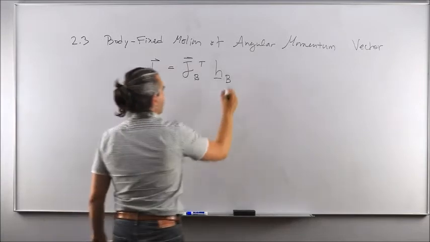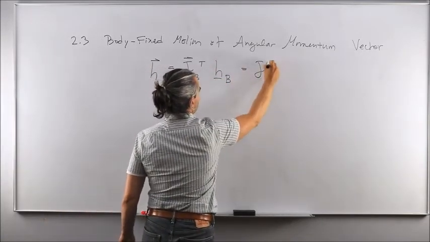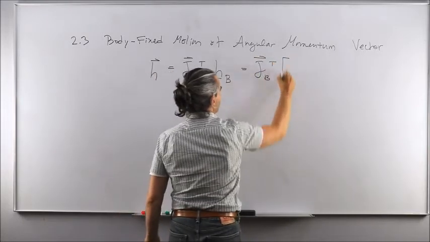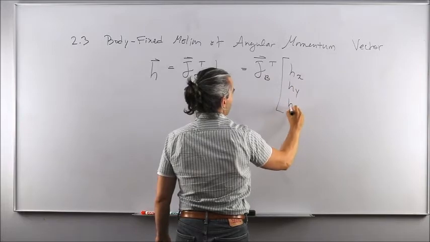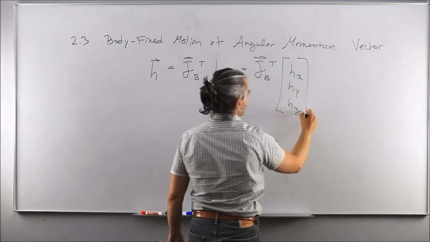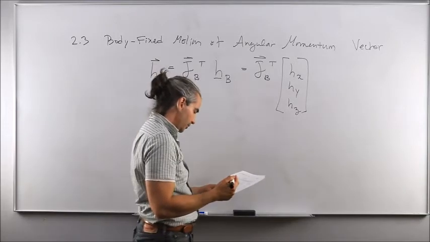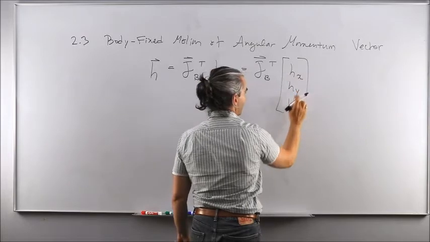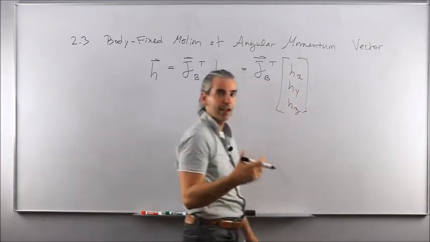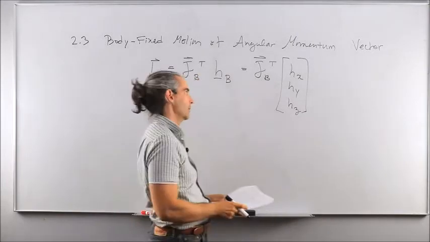And furthermore, we're going to define those three components in the body fixed reference frame simply as hx, hy, and hz, just for simplicity's sake. So here the objective would be to obtain the solution for hx, hy, hz as function of time, exactly as we did for the angular velocity vector in the body fixed reference frame. Okay.